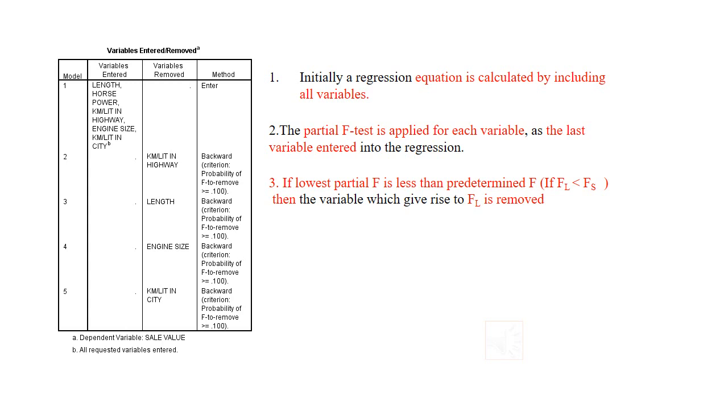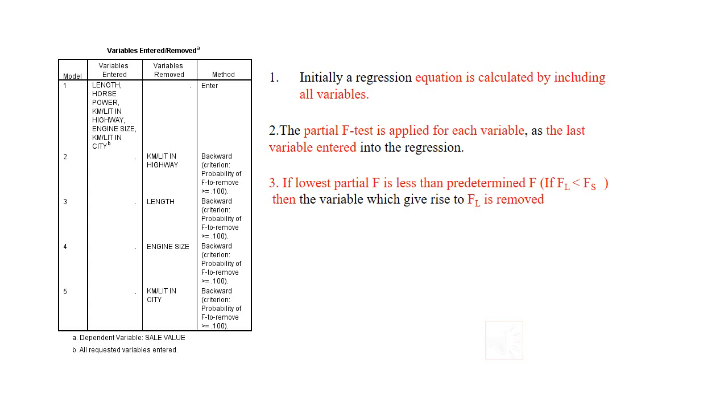This is the SPSS output for the car sale data by using the backward regression procedure. As earlier for forward regression, it has generated tables. Here also it will generate the tables, that is, the variable entry into the regression equation will be given. Initially a regression equation is calculated by including all the variables.